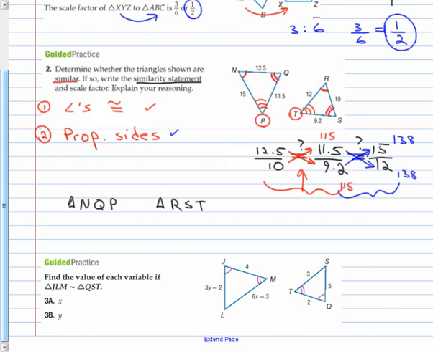And we do. A second way of checking it is you could divide. You could take this and divide it. 12.5 divided by 10, that would be 1.25. Now I need to divide this. It needs to be the same. 11.5 divided by 9.2, 1.25.